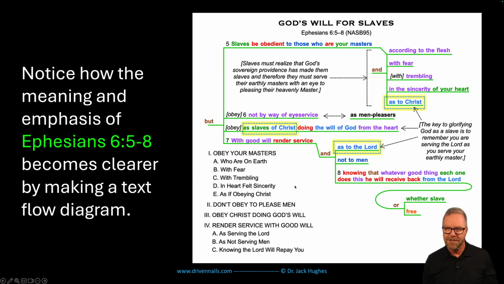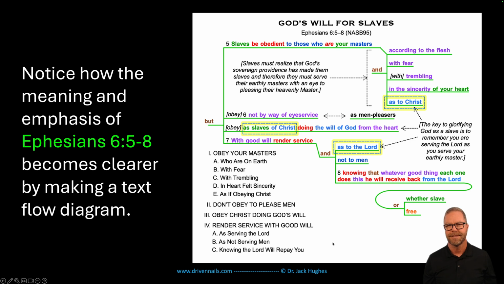Don't obey to please men. That comes from this phrase right here, not by way of eye service as man pleasers. Obey Christ, doing God's will. Render service with goodwill. And notice, as serving the Lord, not as serving men, knowing the Lord will repay you. They come right from here.